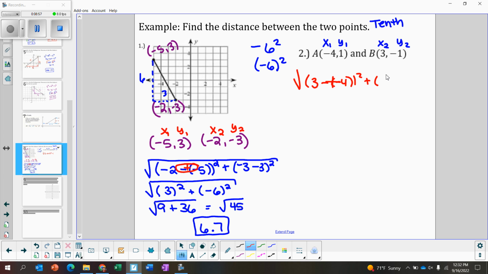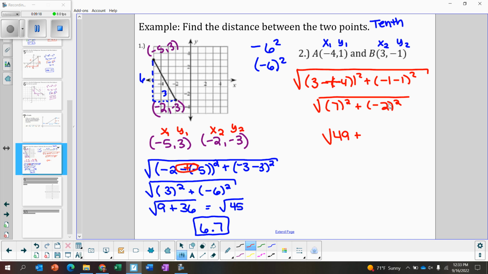And then -1 minus 1. All under the square root. So 3 plus 4 is 7 squared, plus -1 minus 1 is -2 squared. So that's going to be 49 plus negative times negative is positive 4.